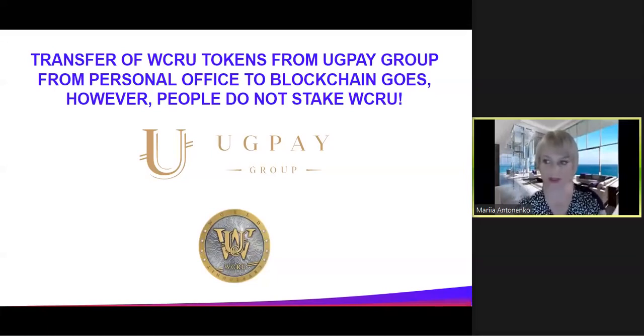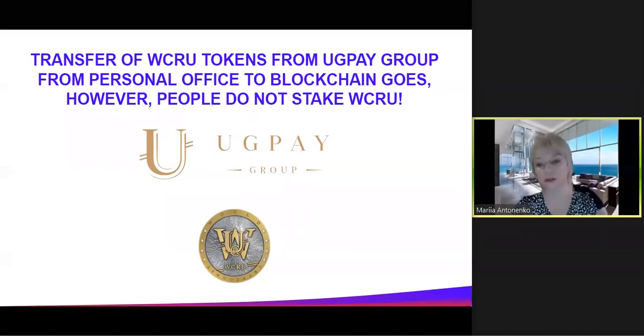And I don't understand why people don't stake their WCRUs, they don't stake their CRUs. If you don't stake, if you don't do anything with your tokens, they're lying around idly without generating any kind of profit to you.